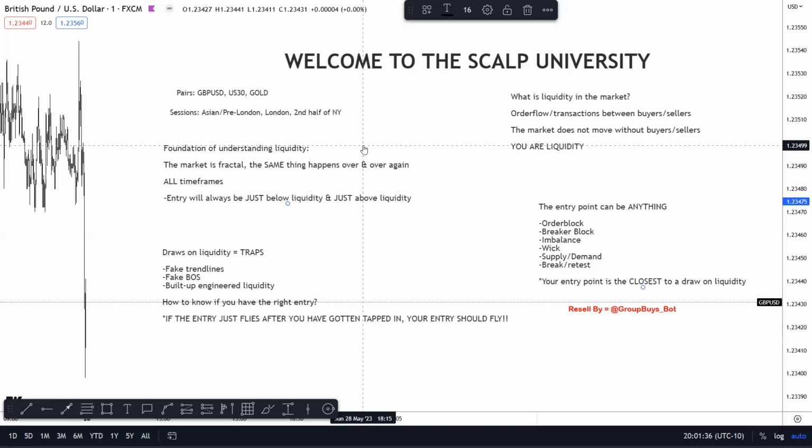I usually find really good moves on US 30 in the second half of New York. London is 9 p.m. here in Hawaii, and New York is about two. I believe it's three actually. It ranges from like 2:30, lots of volume within the market before New York open, and once 3 o'clock in the morning hits, that's when New York opens in Hawaii.